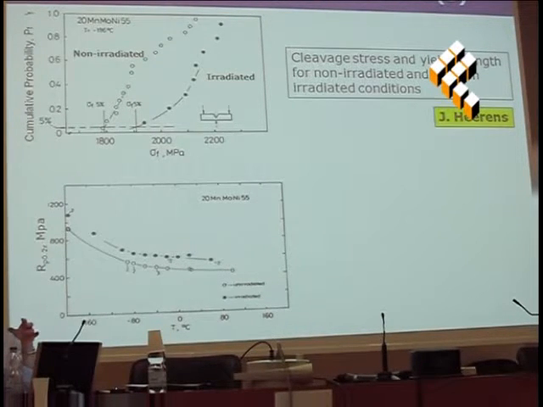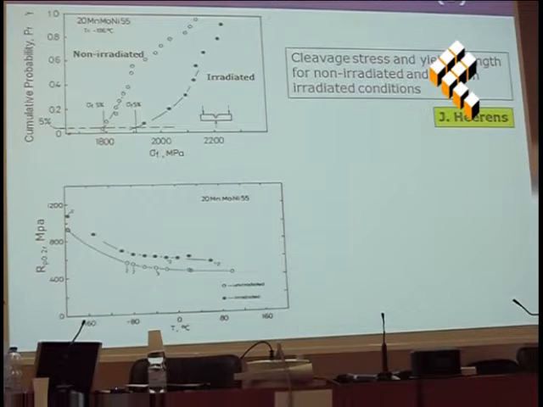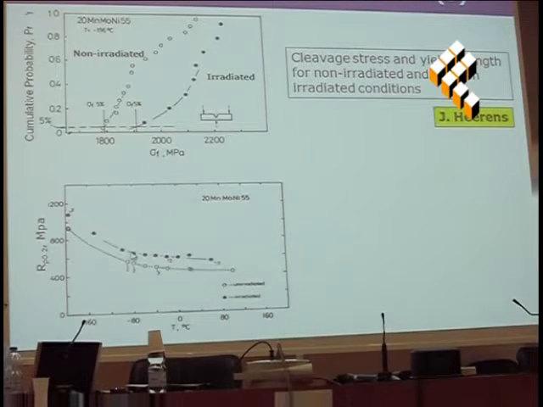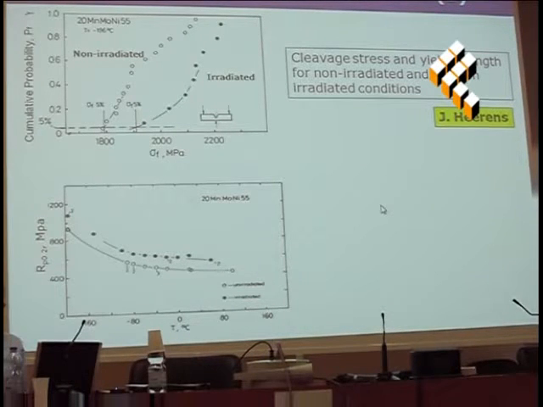We had finite element results for the stress peak, and at the stress peak we determined the cleavage stress, and also stress strain tests in the hot cell. These are the non-irradiated specimens, and these are the irradiated specimens. And you see there is some effect of irradiation on Rp0.2, and quite an effect on the cleavage stress.